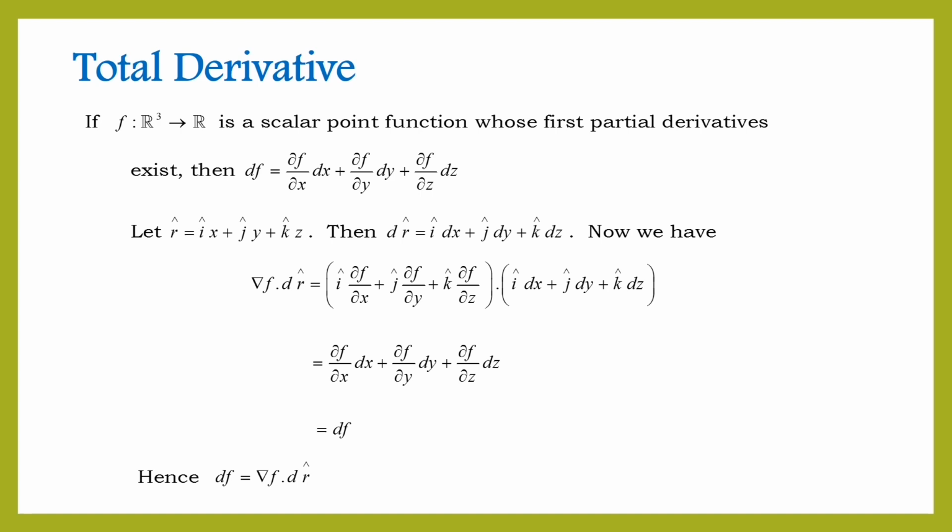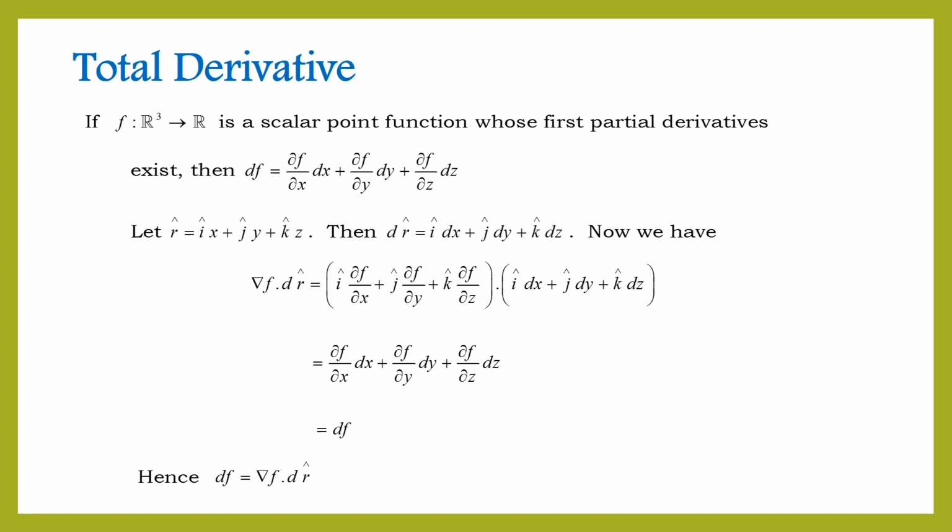First, let us consider a vector r cap equals i cap x plus j cap y plus k cap z. This vector is called a position vector. Sometimes it is also called a velocity vector.